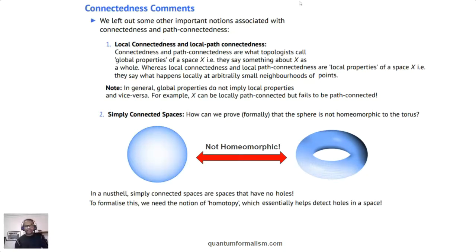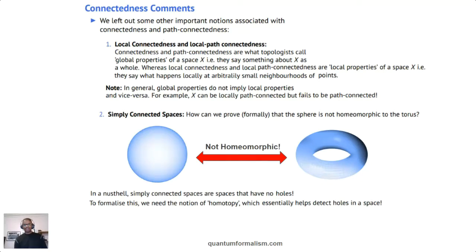So we didn't touch this, just to let you know there are these other concepts also. And the relationship between them is similar: locally path connected is also locally connected, just like the parent global properties. Now, it's very important to know that global properties do not imply local properties and vice versa.